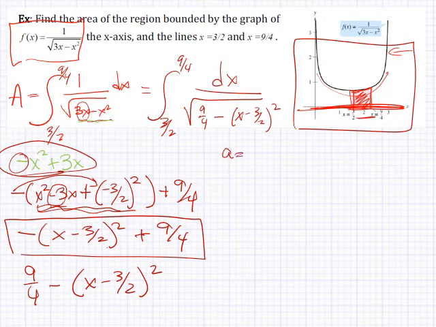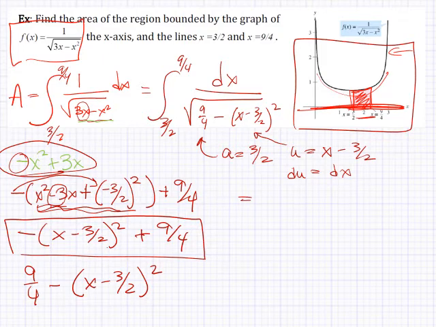So a will be 3/2, so that's a squared. u will be x minus 3/2, so that this is u squared. du is just going to end up being dx, and I'm going to end up with the integral of du over the square root of a squared minus u squared. And that's your arcsine integral.